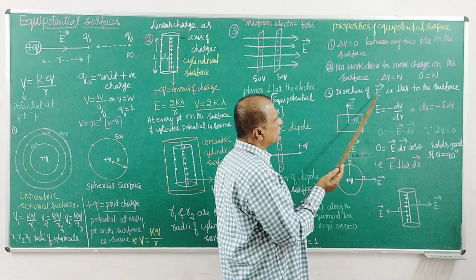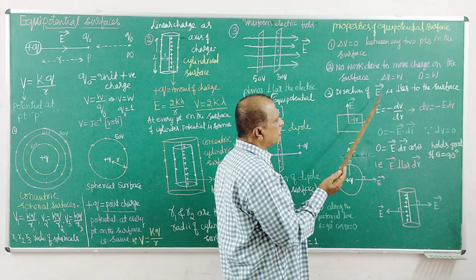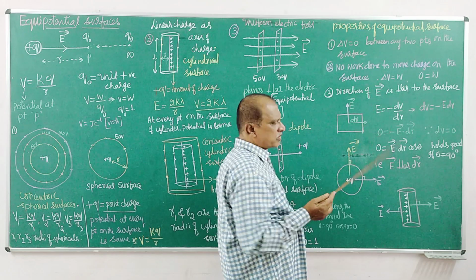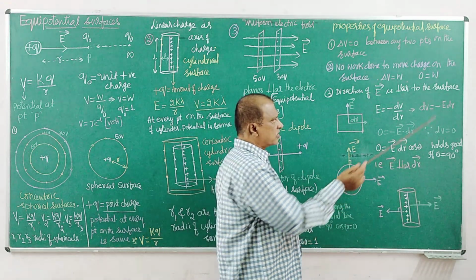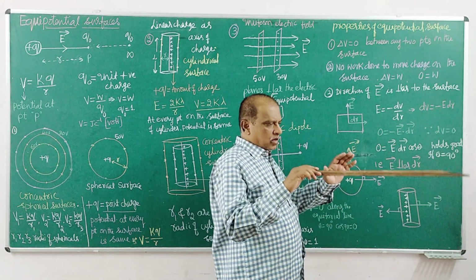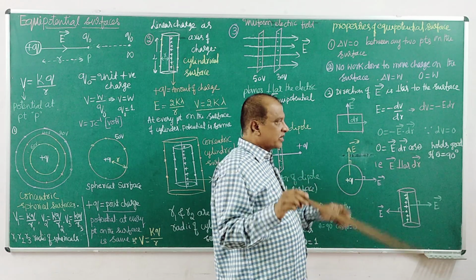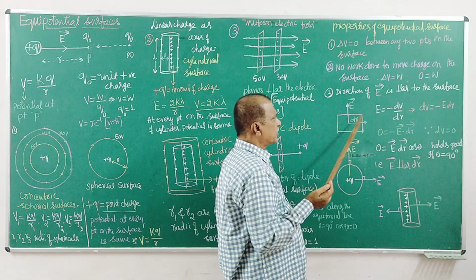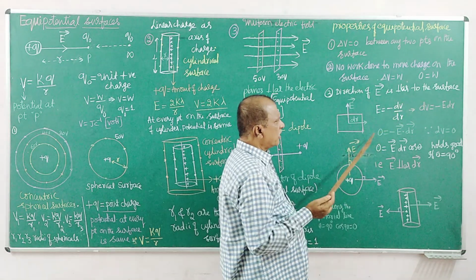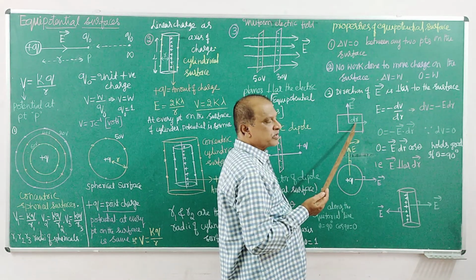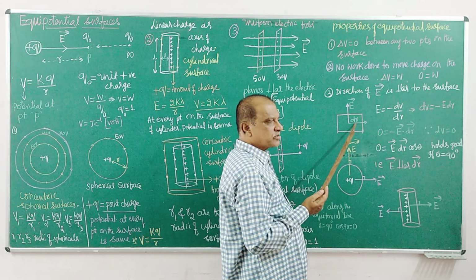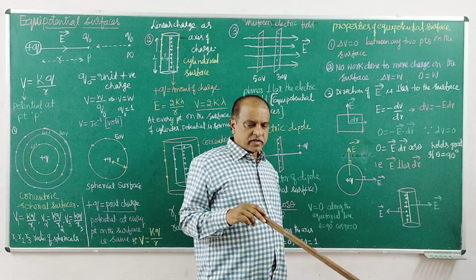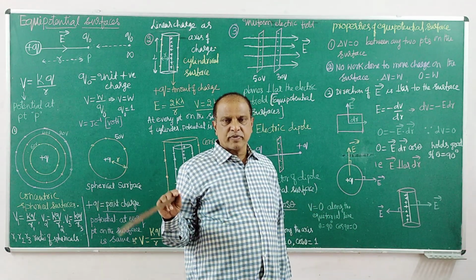And one more property: the direction of the field on the surface. A surface has a direction, whether it is a plane surface, a cylindrical surface or a spherical surface. The surface has a direction and the field has a direction. The surface direction becomes dr, the displacement. Why displacement? On the surface, when the charge is moves, it is a displacement.